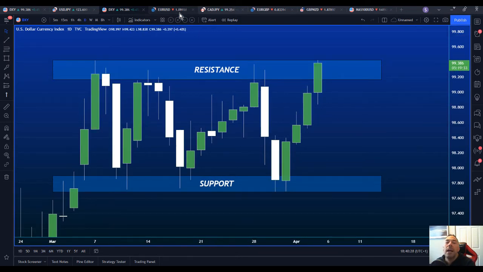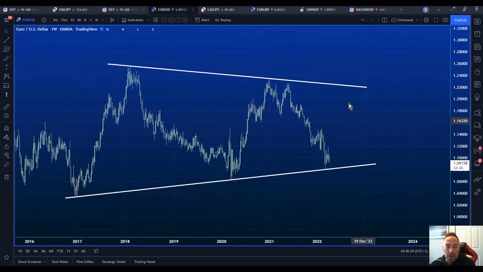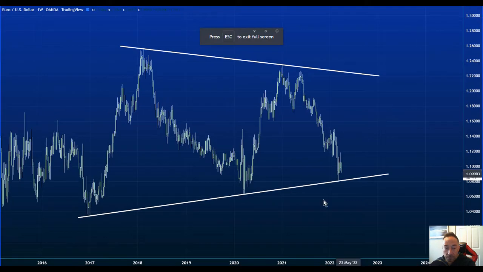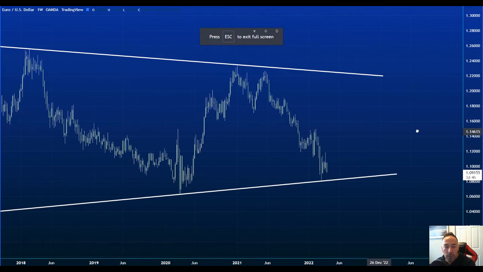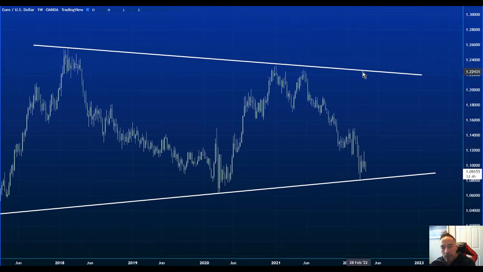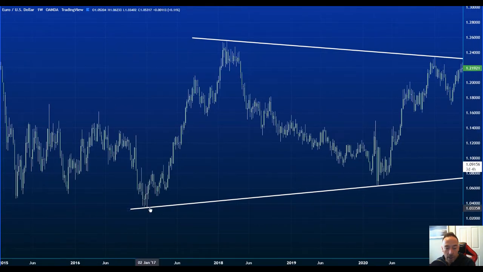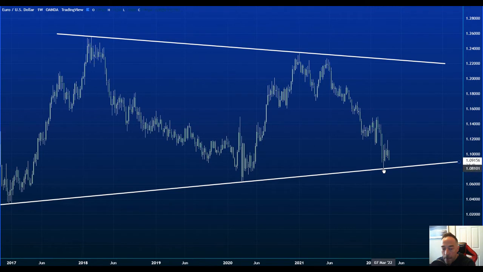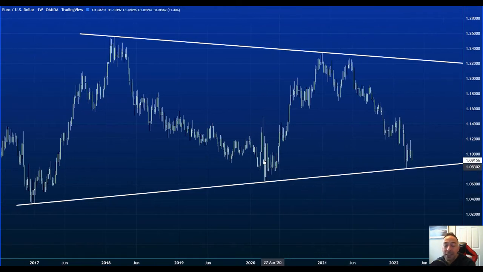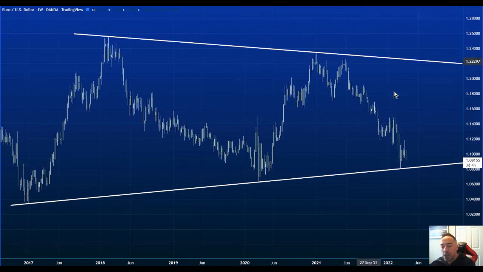So let's just have a look at that at the moment, because on the weekly time frame, this is the pattern that's playing out. We've got our resistance up here, our support here, a lovely trend line, and we've had that bounce there, and potentially we could be repeating something like this here, where there's a little bit of a range going on, and then eventually we start to push up towards that resistance.